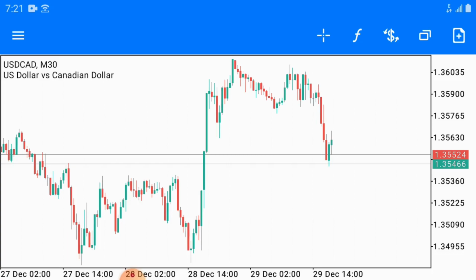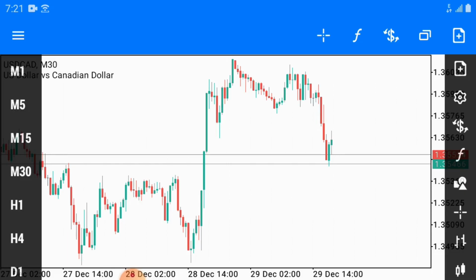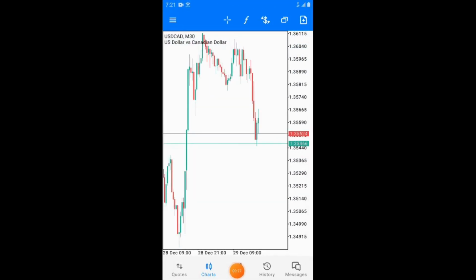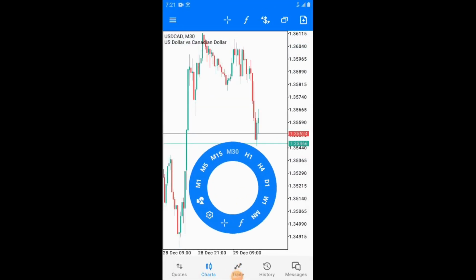So once you open your chart on your phone, just tap on the screen. As you tap on the screen, if you are on landscape mode, you will see something like this. But if you are on portrait mode like this, just tap on your screen. As soon as you tap on your screen, you see settings.